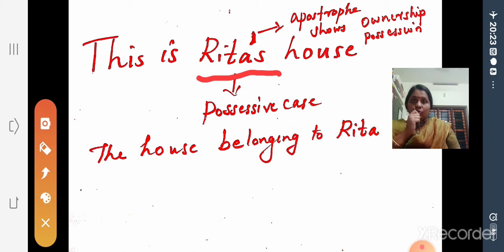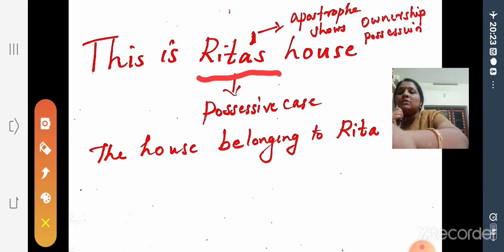Possessive case shows ownership or possession. That is when a noun comes with an apostrophe, and this apostrophe shows ownership. It is otherwise called the of construction. So Rita's means the house of Rita. So these are the three kinds of cases.